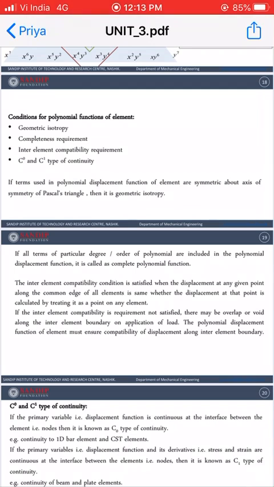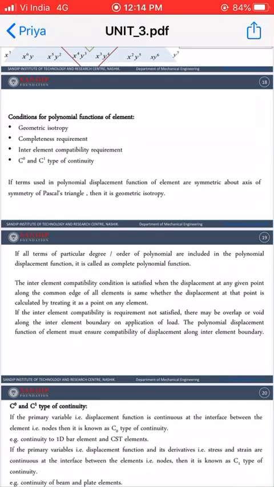This means that there should exist some combination of values of the polynomial terms which will cause all the points in the element to experience the same strain. As we discussed for rigid body displacement, there should be one term which permits all the points on the element to experience the same displacement.